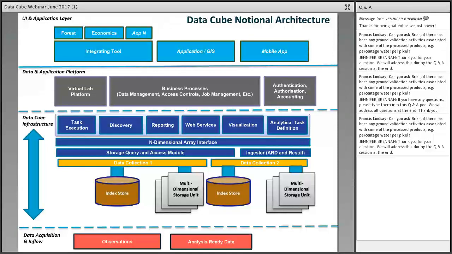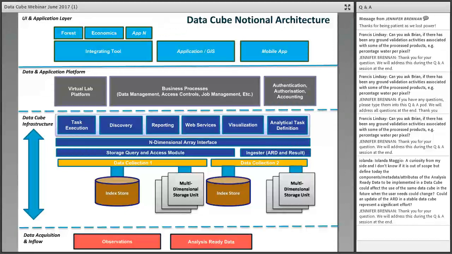Effectively, that's the equivalent of your relational database with all of your metadata in it, which describes your individual storage units, which may be files, or may in fact be objects in, say, an S3 object store on Amazon. And that comprises a collection.